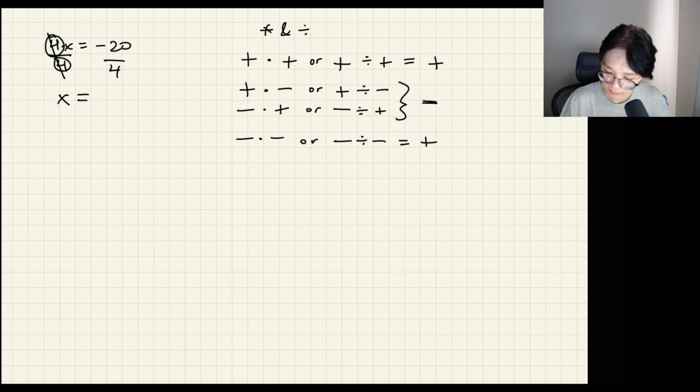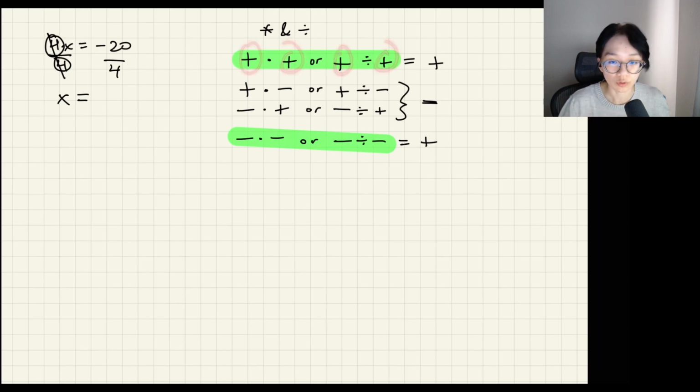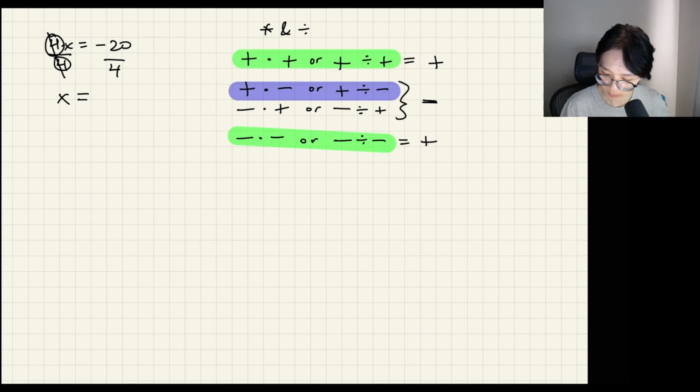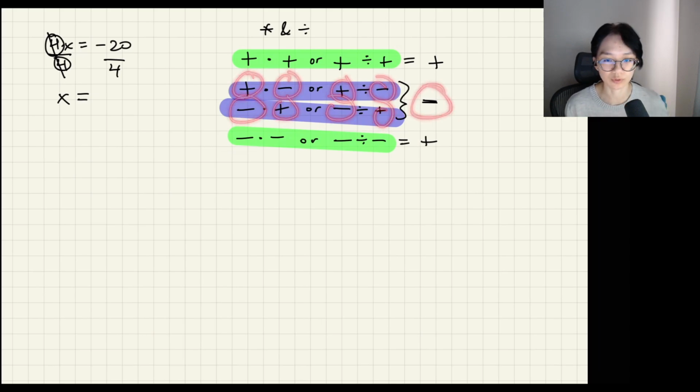So basically, whenever the signs are the same, you have 2 positives or 2 negatives being multiplied or divided by each other, then the answer is going to be positive. When they are different, one positive and one negative, then the result is going to be negative. So if they're the same, positive. If they're different, then they're negative.